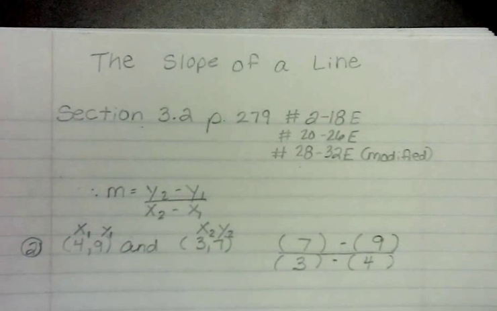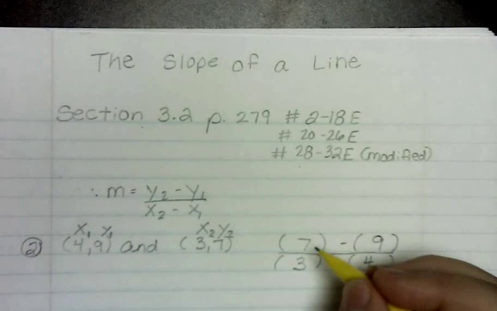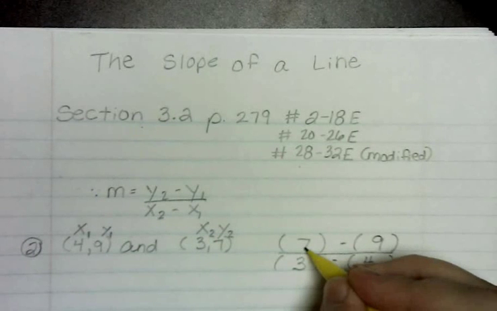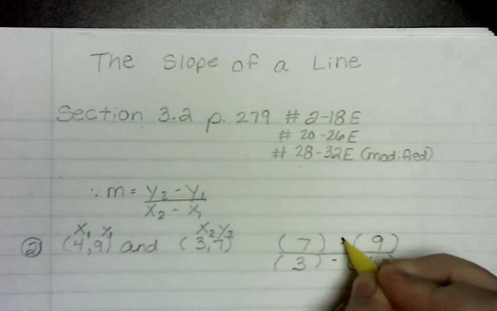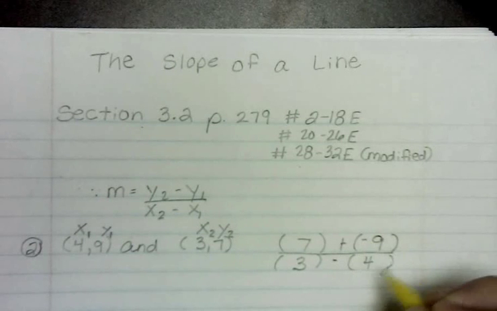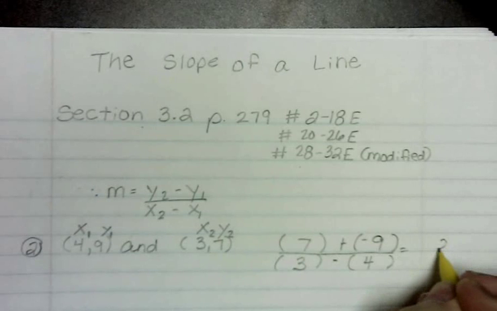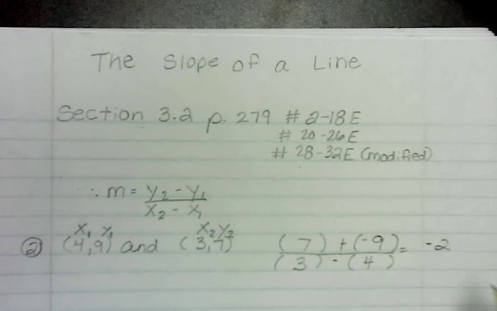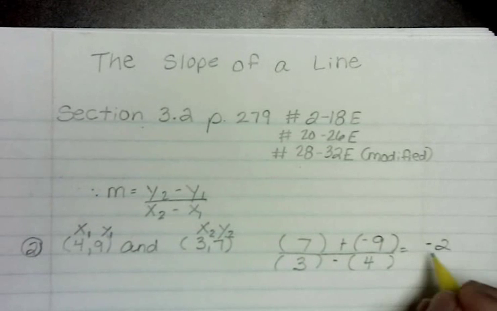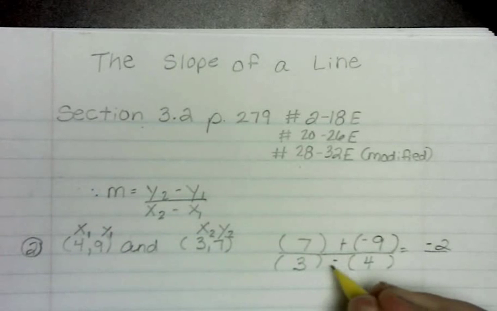So now we're going to subtract. The rule for subtraction is keep, change, opposite, then use your adding rules. So we are adding, and our signs are different, so that means we are going to subtract and keep the sign of the bigger number, over 3 minus 4.